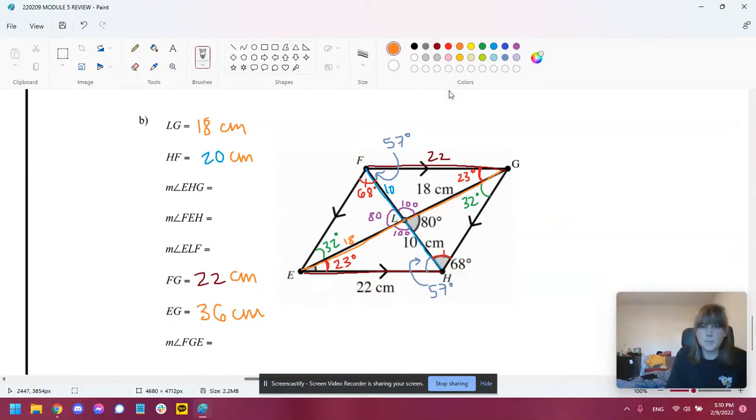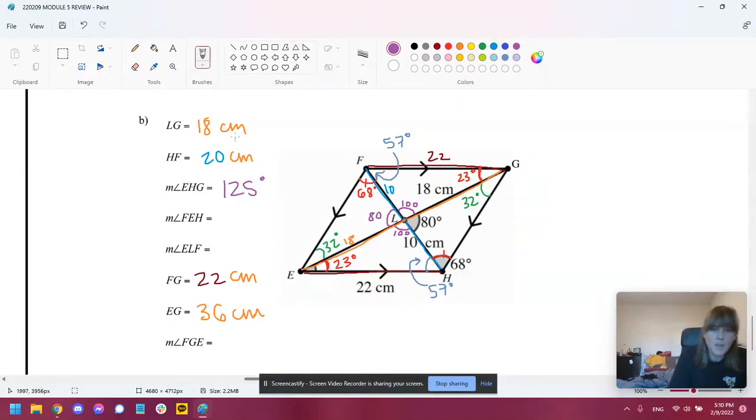All right, now for angles. EHG, starting at E, going to H, and ending at G means I want this angle, which means I want these two added together. So I'm going to do 68 plus 57 and get 125, I think. Seems right.